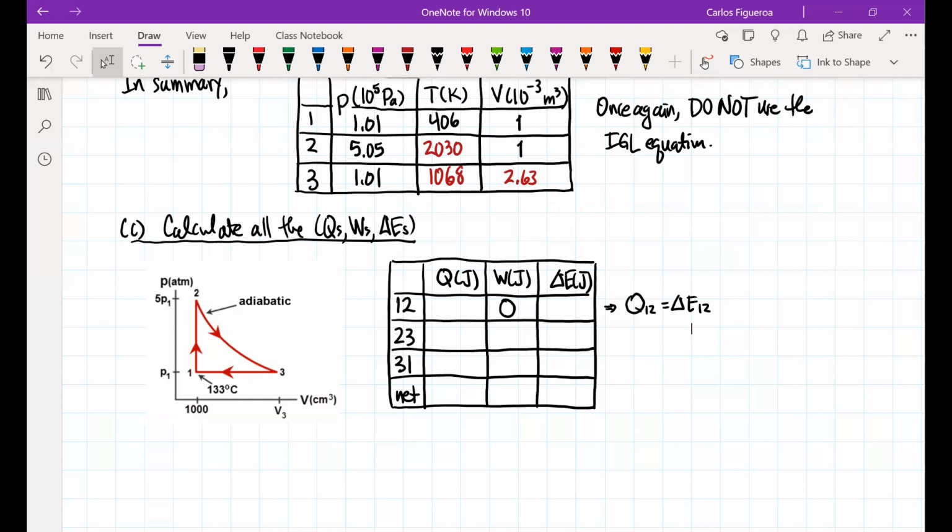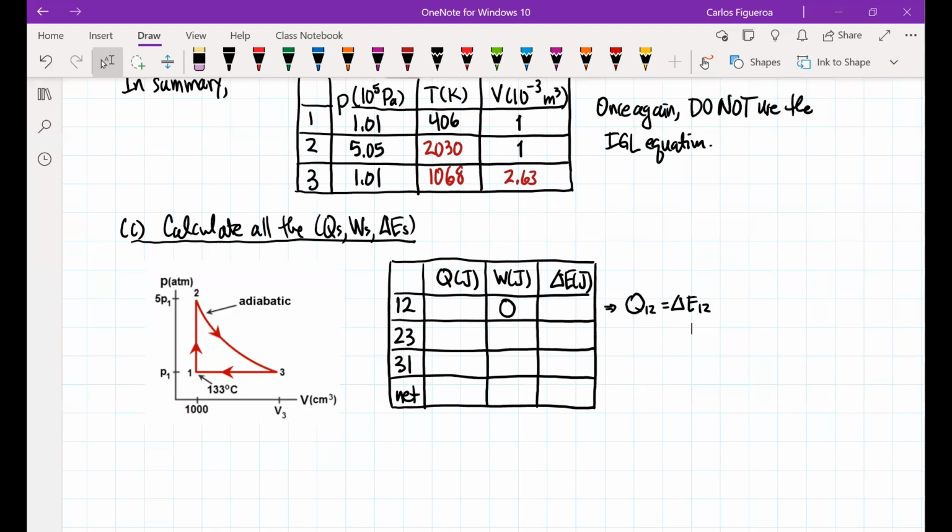Now that I have the table here, we should probably start putting in the values. Look at process 1, 2, I have 606. We already said that this was 0. I want that in black. So this is going to be positive 606, positive 606.